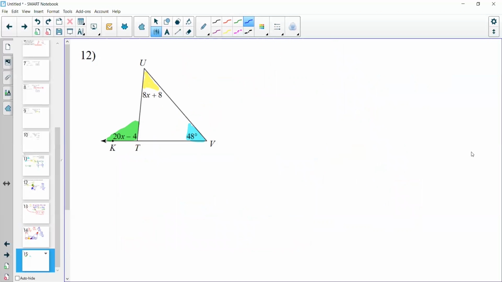And finally, let's take a look at number 12. Number 12 is the exterior angle theorem. Remember that the exterior angle theorem tells us that the exterior angle equals the two remote interior angles added together.